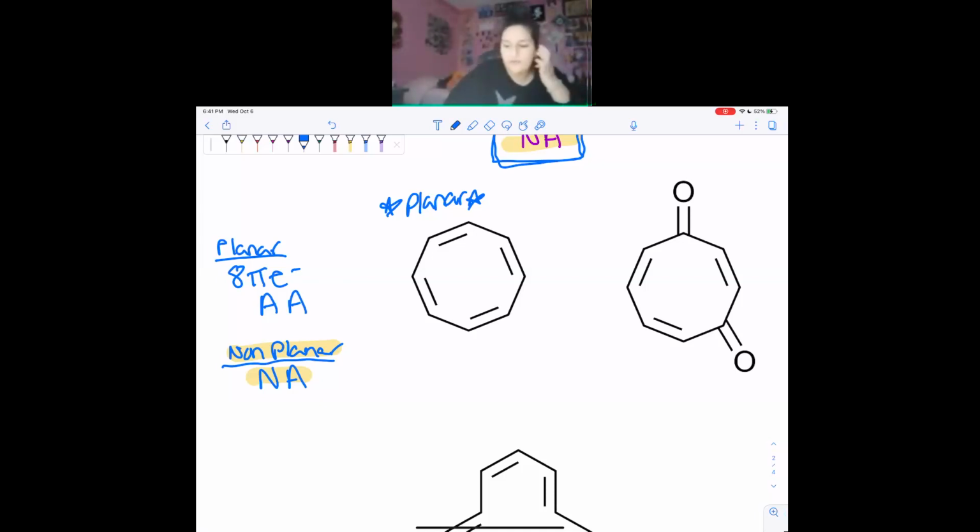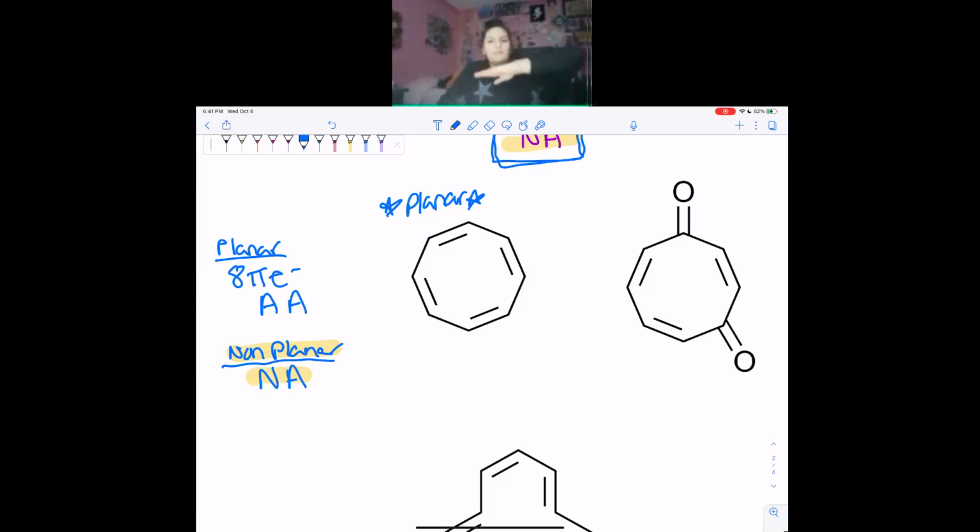And the only reason a big ring like this, we even have to talk about planar or non-planar, is because 8 or more membered rings have a lot of steric hindrance. It doesn't want to stay flat because all those angles between the bonds are super, super strained. So it wants to instead go like this to be a boat structure.